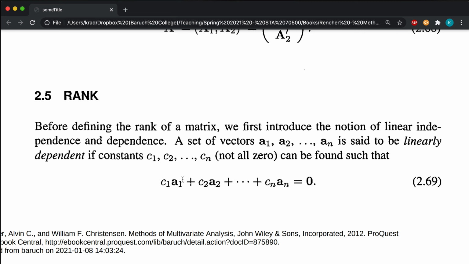And when they are non-zero, essentially it means that you can represent any of these vectors as a linear combination of the other ones. So there is some redundancy going on if we want to think about it from a linear algebra point of view. So we have these vectors which are pointing in these different directions.